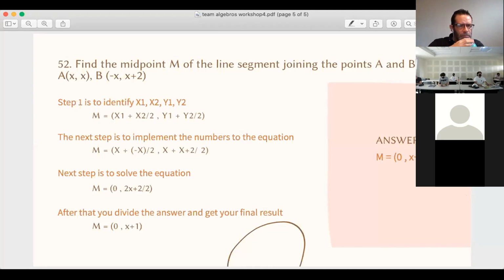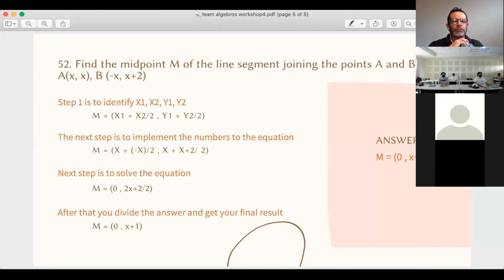Yes. Okay, so problem 52 states to find the midpoint M of the line segment joining the points A and B, when the points for A and B are X and negative X, and X plus 2. So the first step is to identify X1, X2, Y1, and Y2, which is the equation for midpoint.